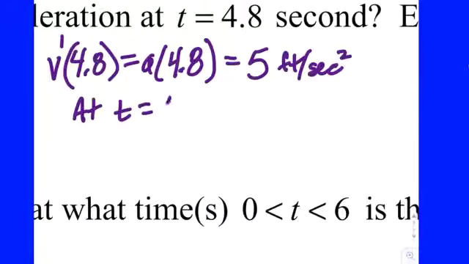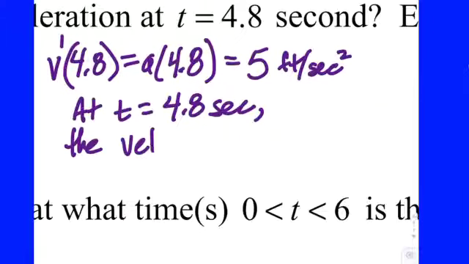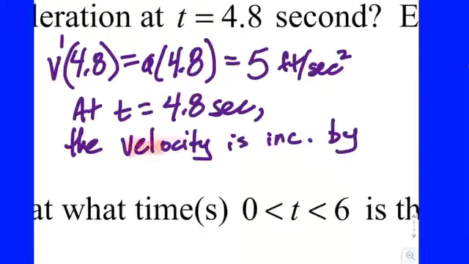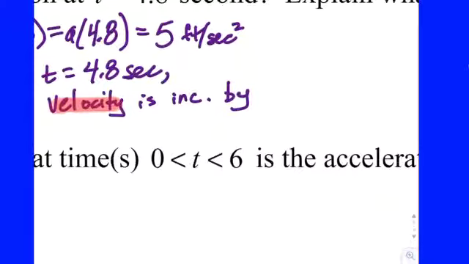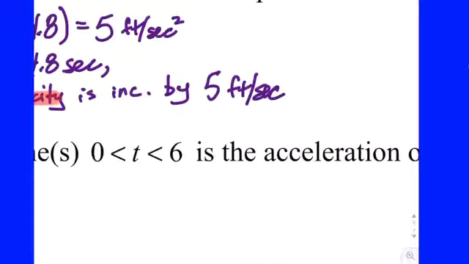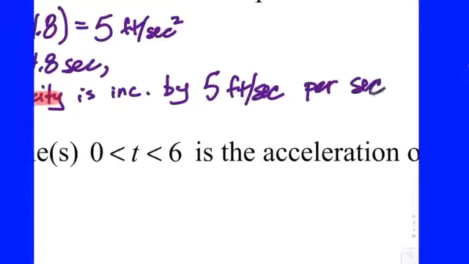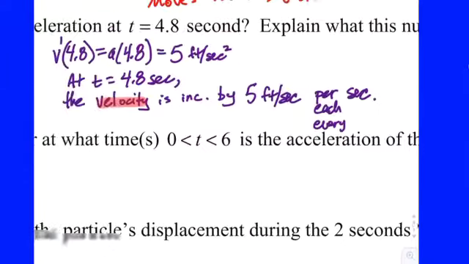At t equals 4.8 seconds, comma, and you don't have to say the particle's velocity, you could just say the velocity is increasing by, and now because we're talking about a change in velocity, we need to answer it in velocity units. So by 5 feet per second, and then separately we write per second, or each second, or every second, okay?